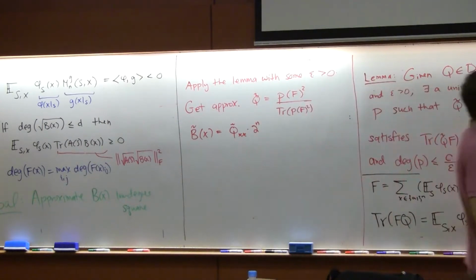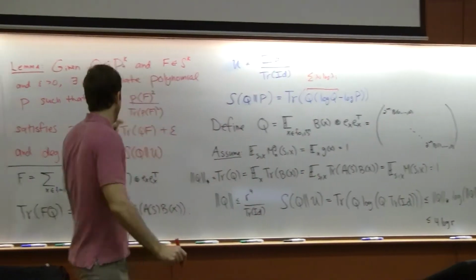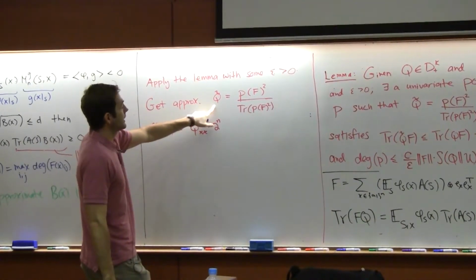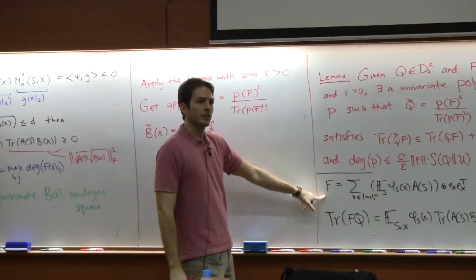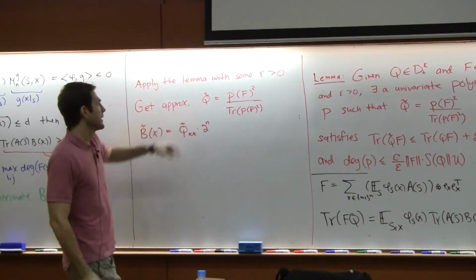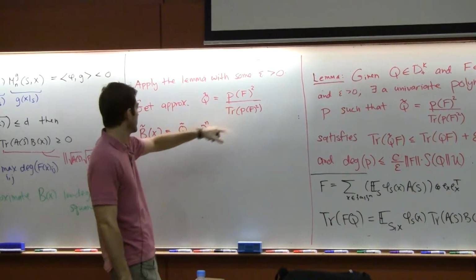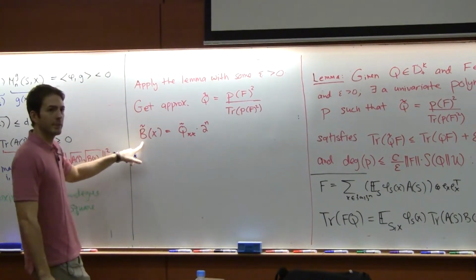But the point is, given a block diagonal matrix, I can reverse this operation and go back and get the B's. And why is the approximator block diagonal? Well, it's a polynomial in F, and F is block diagonal. So this approximator is also block diagonal. So first of all, it's clearly non-negative because it's a square. So we can go backwards. So I'm just saying, we get this Q tilde, we go back, we get this B tilde.